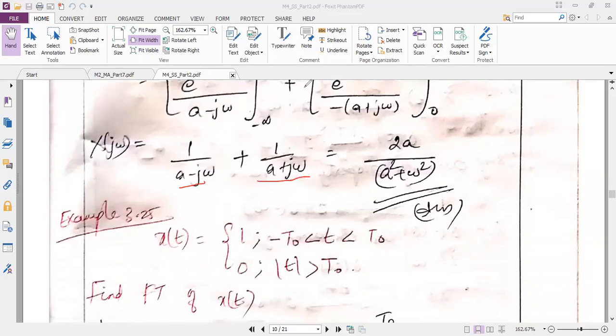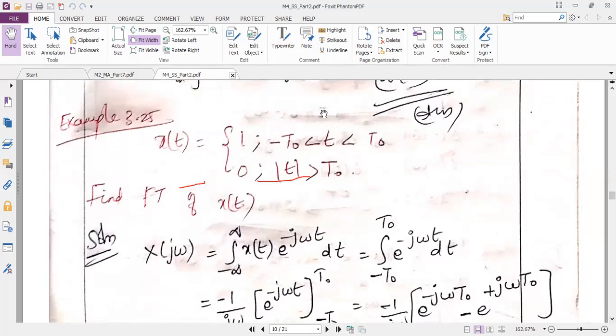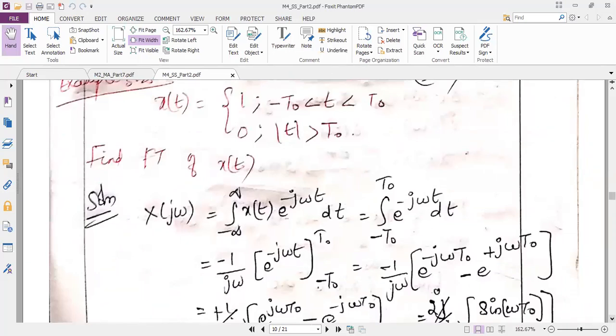I want you to just try LCM and get me the answer. 2a by a square plus omega square. Very good, 2a by a square plus omega square.